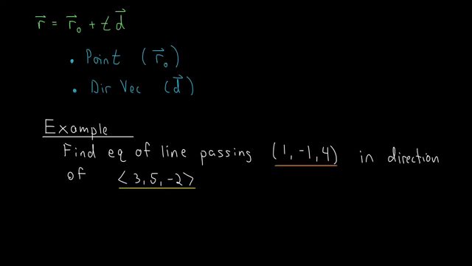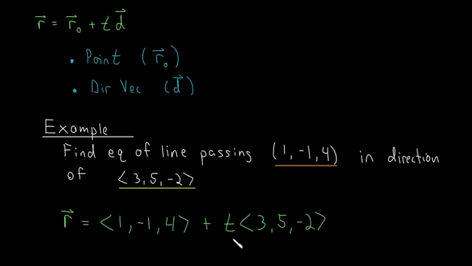So what is the equation then? Our vector equation is r is equal to, well, r naught is the position vector of this point, so we just convert that to a vector, (1, -1, 4), plus a scalar times our direction vector, which is (3, 5, -2).